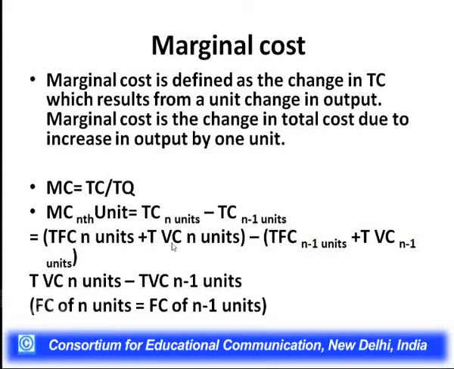That is, TFC of n units plus TVC of n units minus TFC of n minus 1 units plus TVC of n minus 1 units. So total variable cost of n units minus total variable cost of n minus 1 units will give you the marginal cost.